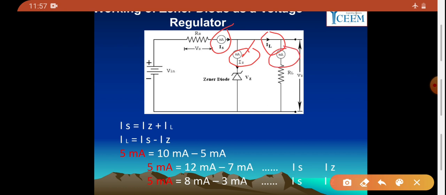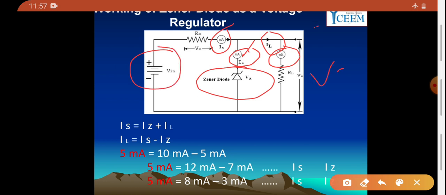So there are 3 current meters to measure 3 types of current: source current Is, Zener current Iz, and load current IL. Two resistors are there: Rs source resistance, RL load resistance. One Zener diode is there across which Vz is the voltage, and there is a voltage source Vin.